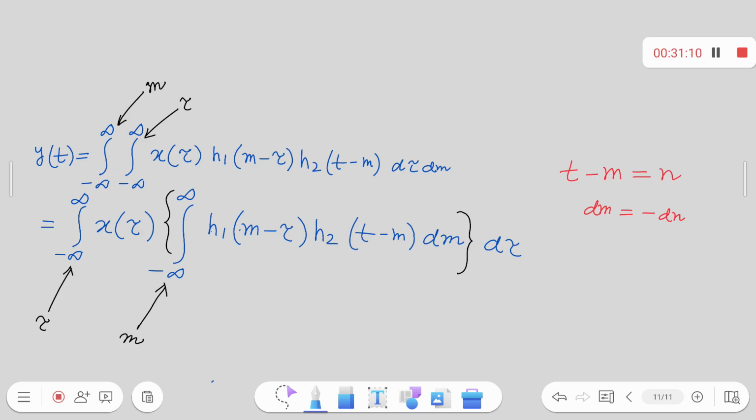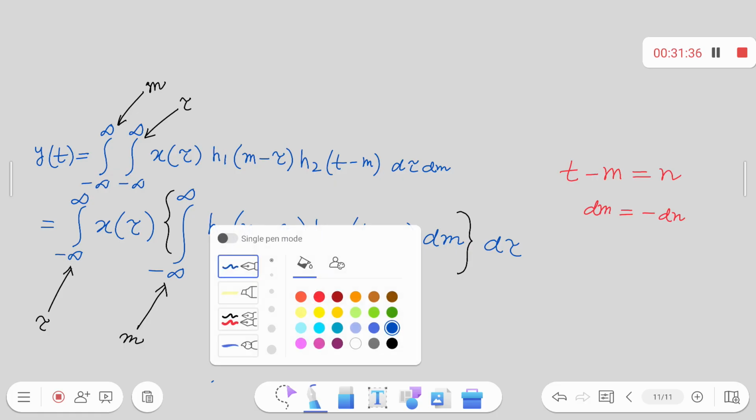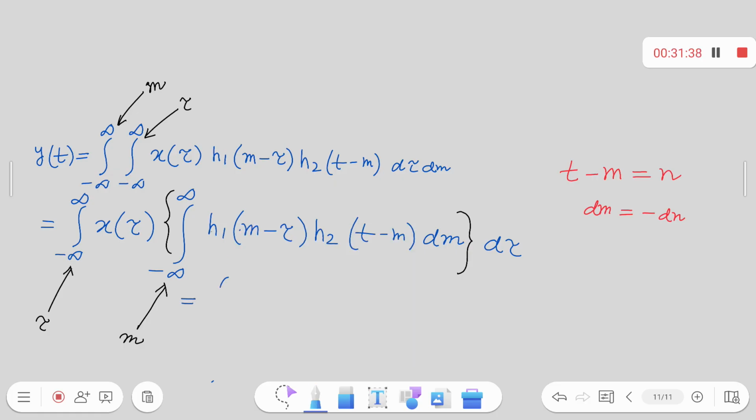And the integration will be from minus to plus infinity for m. So when t minus m is equal to n, it will be from plus to minus infinity. And if you absorb this minus sign, then once again it will be from minus to plus infinity. So I can write minus to plus infinity, which remains unchanged for tau, x of tau.